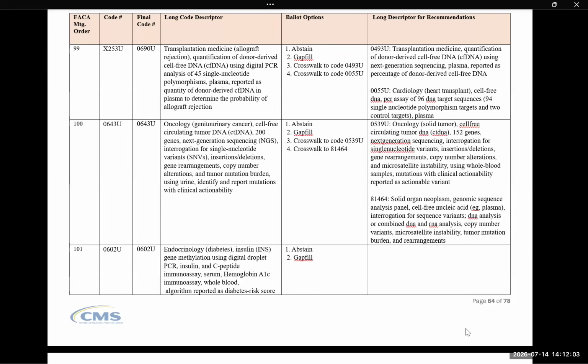It looks like historically 81464 was the crosswalk code for 0539U, so that all aligns. The panel is recommending the crosswalk to the tier 1 code 81464, and the alternative options are available. Thank you. All right, do we have any questions from the panel? I think we have a question. Do we have a question from the panel?